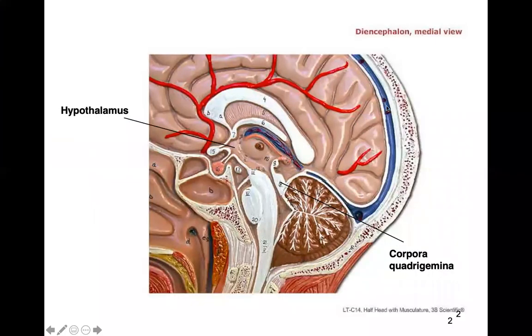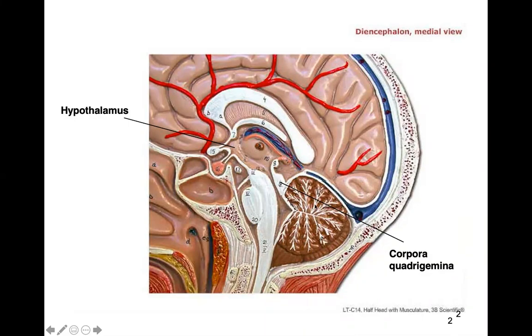So on this cross section here, this is the thalamus, interthalamic adhesion, hypothalamus, medulla, pons, midbrain. And this is where we have the superior and inferior colliculi called the Corpora Quadrigemina. Back here is the cerebellum.